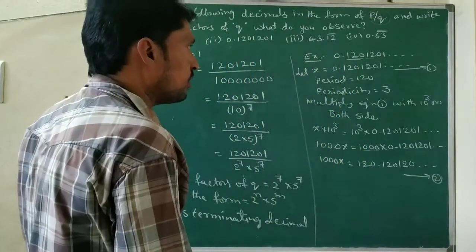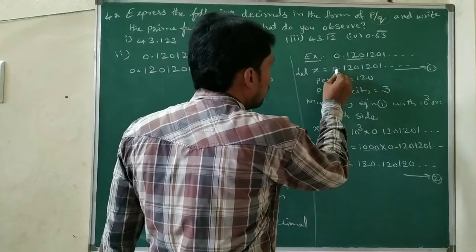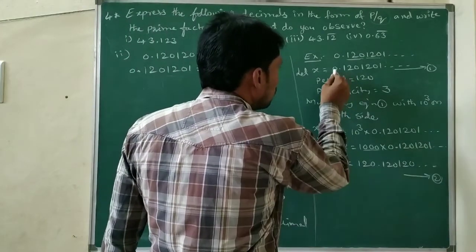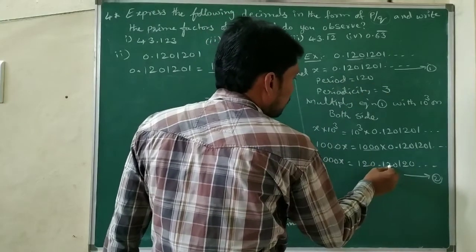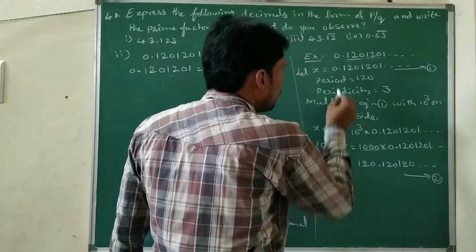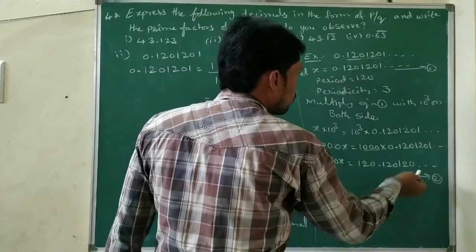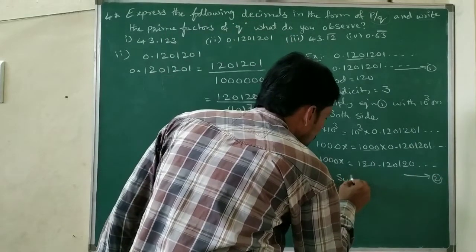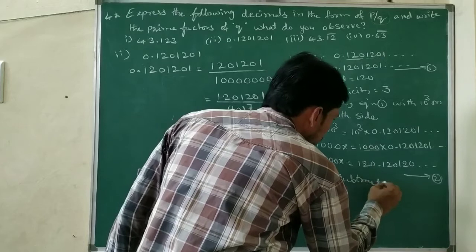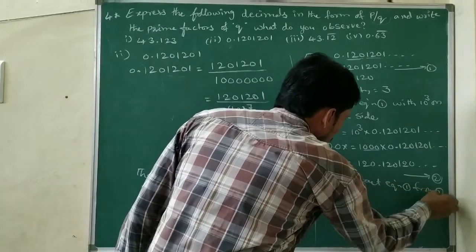Observe here: in x equal 0.120, after the point it is 120,120 only. Here also, after the point it is 120,120,120 only. So subtract equation 1 from equation 2.